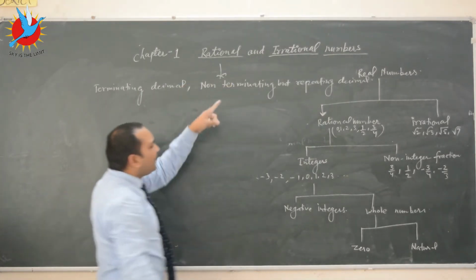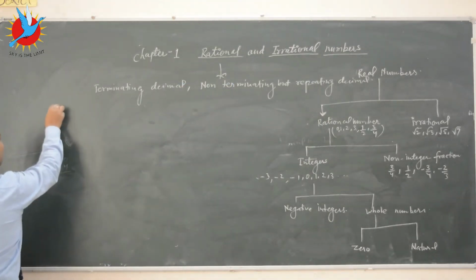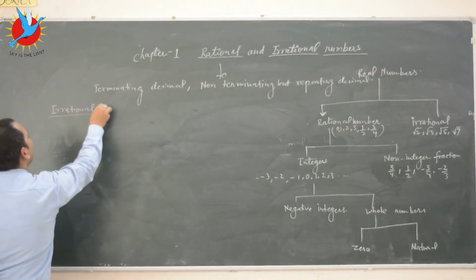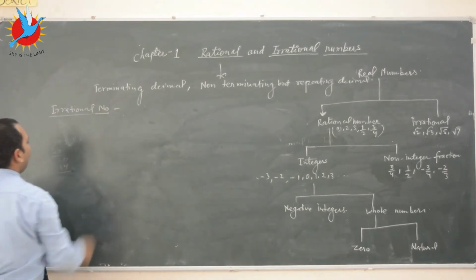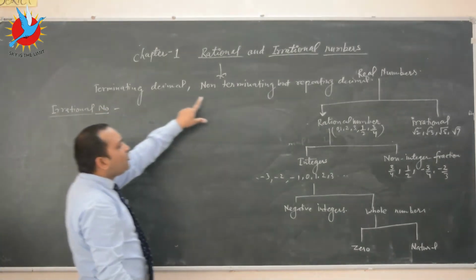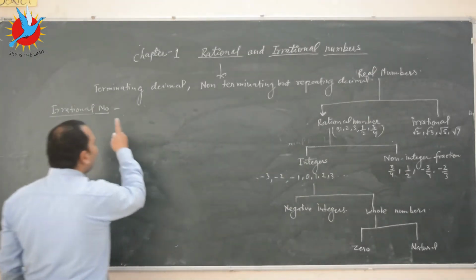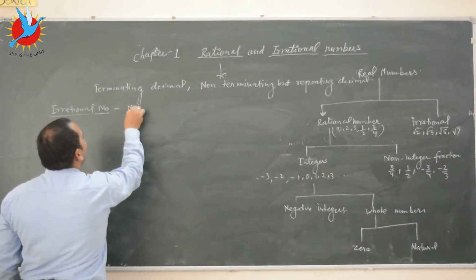So what is an irrational number? All non-terminating but non-repeating decimals are called irrational numbers.